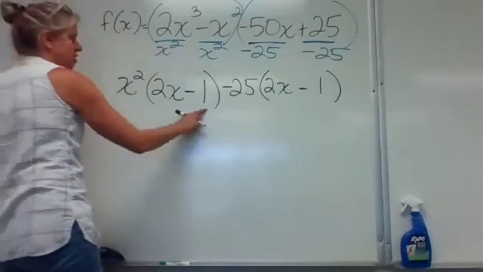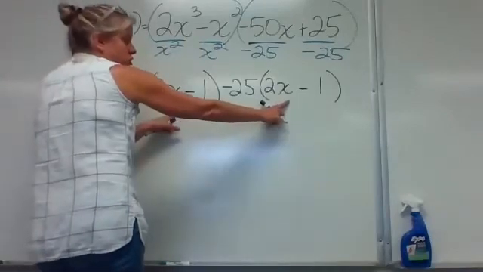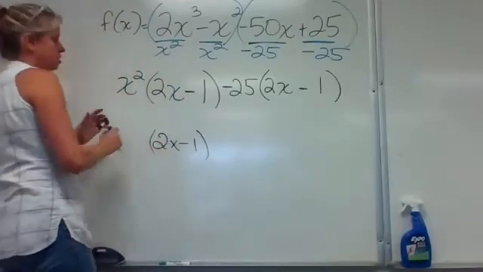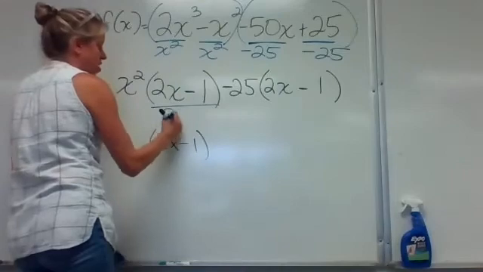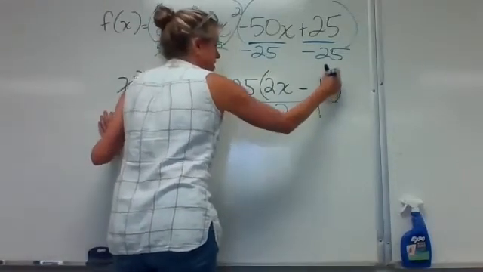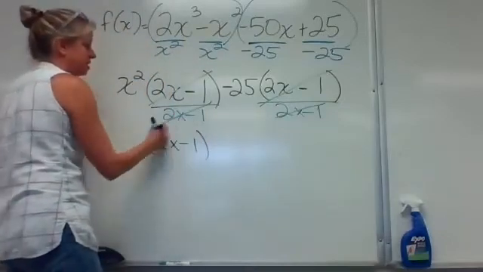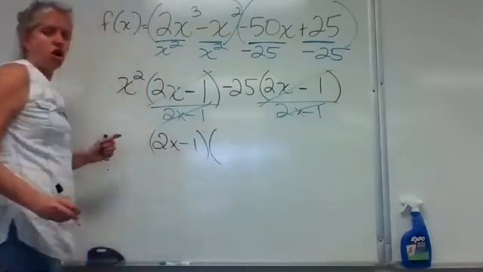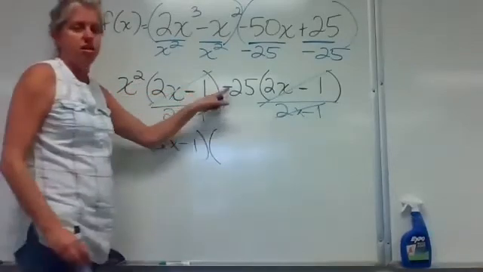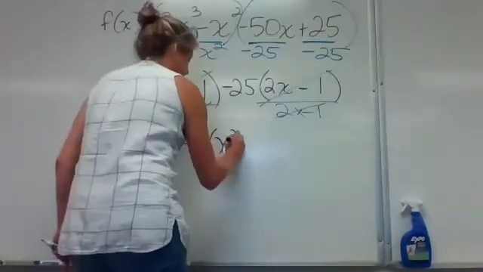So let's see what's in common. 2x minus 1. If I took the 2x minus 1 out of both of these, it'll just cancel it in both spots. So what's going to be left in your other parentheses? What's left? X squared minus 25.